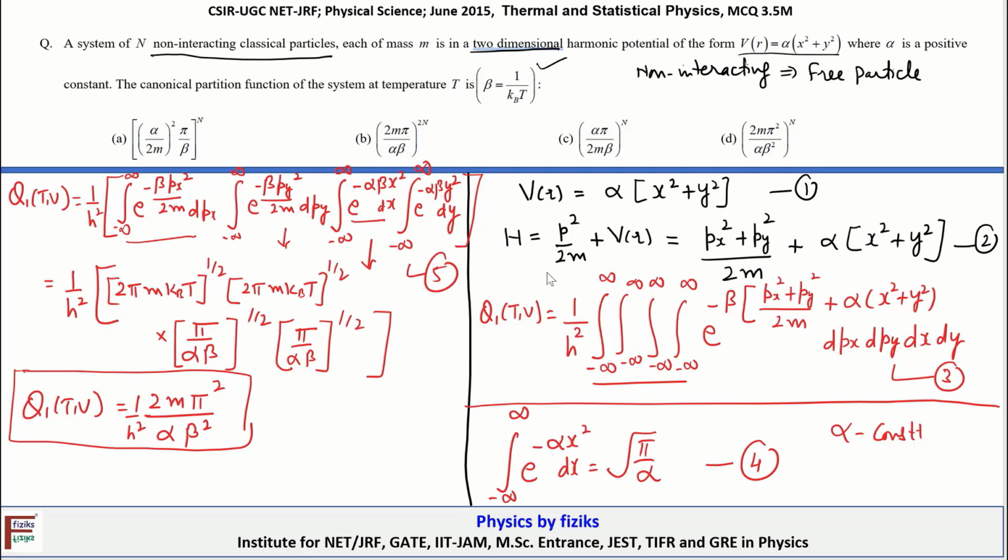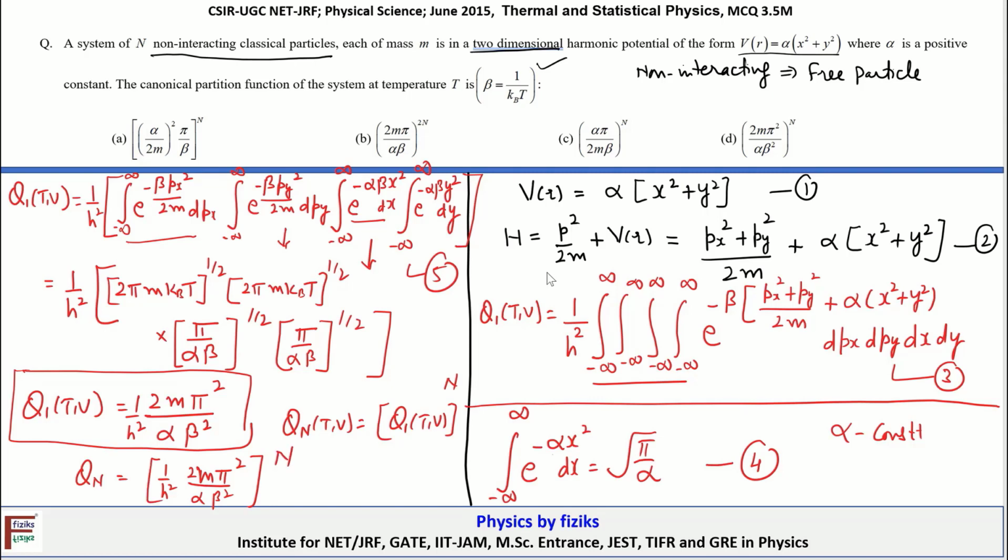Because the particles are distinguishable, the N particle partition function can simply be written as Qn T V equal to Q1 T V to the power n. So Qn can be written as (1 by h square into 2m pi square upon alpha beta square) to the power n.